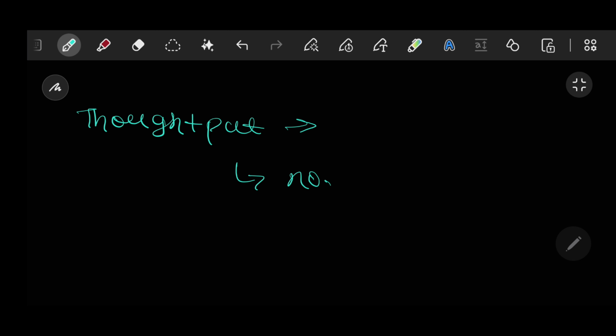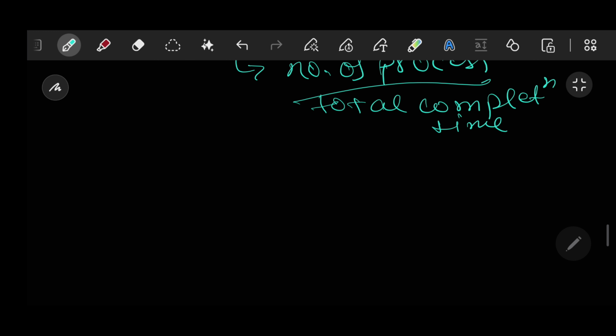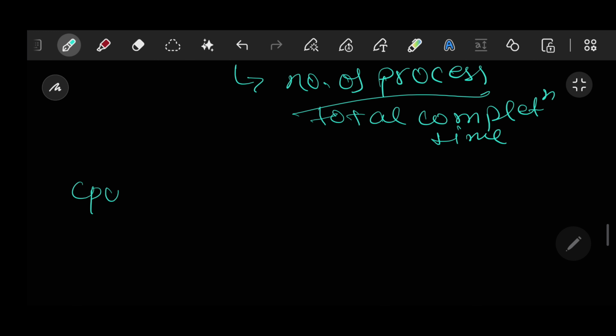Now the next term we are going to discuss is throughput. Throughput is the number of processes completed per unit of time. Basically, the number of processes divided by total completion time. Another term we are going to use is CPU utilization.